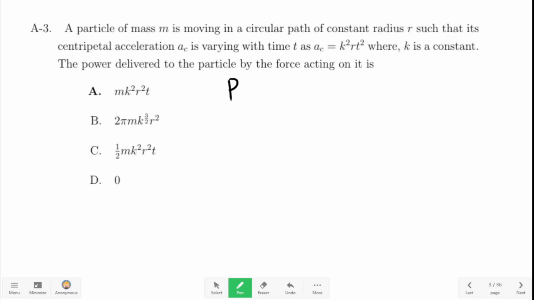Now power is equal to F dot V. This is equal to tangential force plus radial force, radial or centripetal force, both are same. Centripetal force is the force which is responsible to keep the particle in circular path, or we can say it is responsible to change the direction of velocity, and tangential force is responsible for the change in speed. This is dotted with velocity.